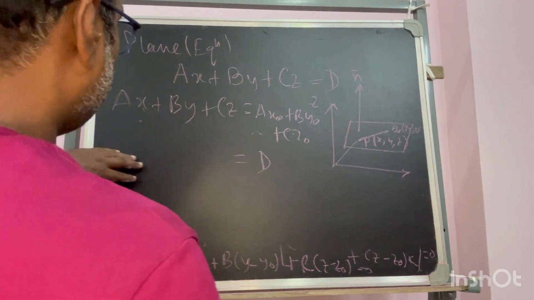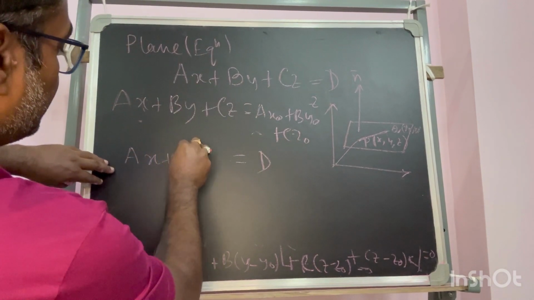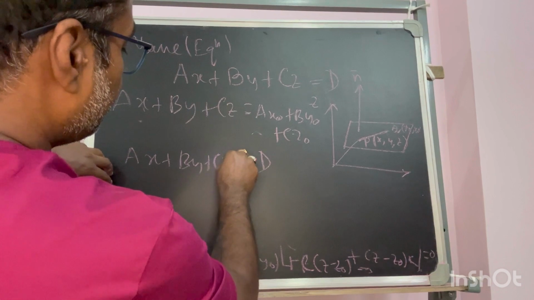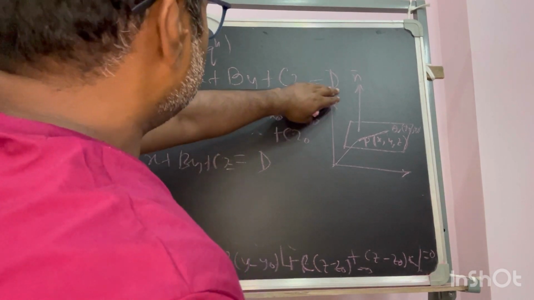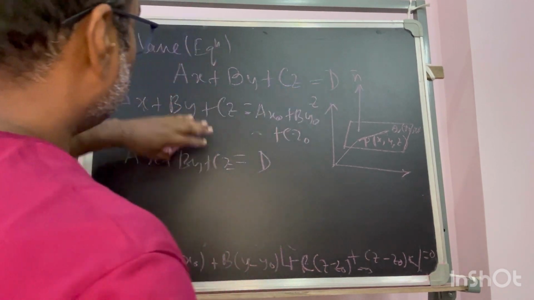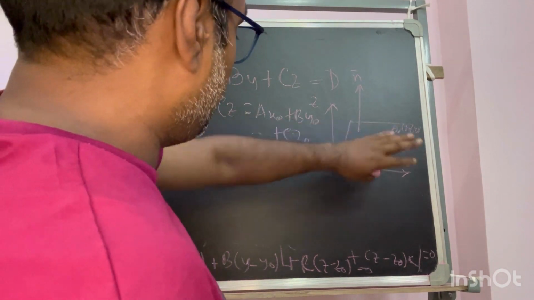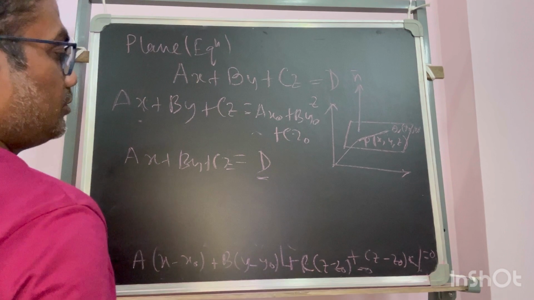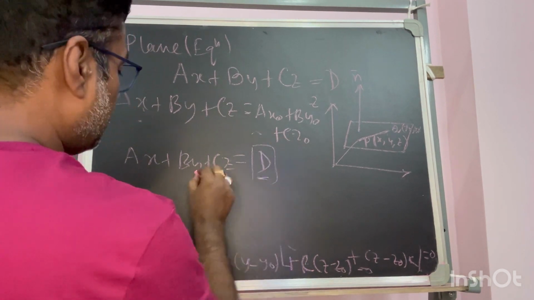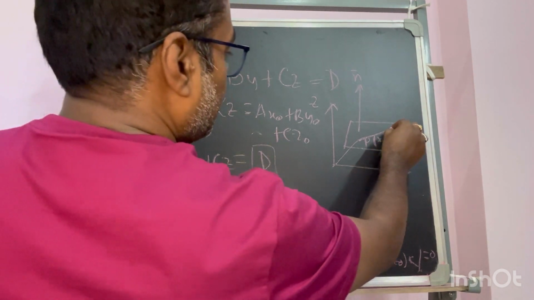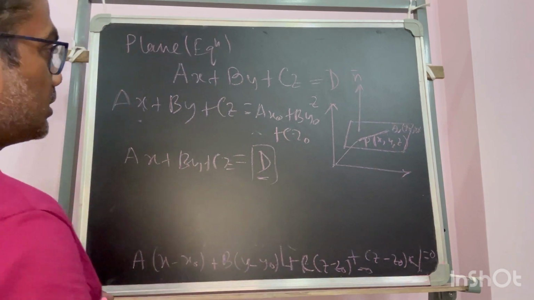So the equation of a plane becomes ax + by + cz = d, where (x, y, z) is any variable point on the plane, and d is the value of this part when a particular point is taken. This is for the understanding.